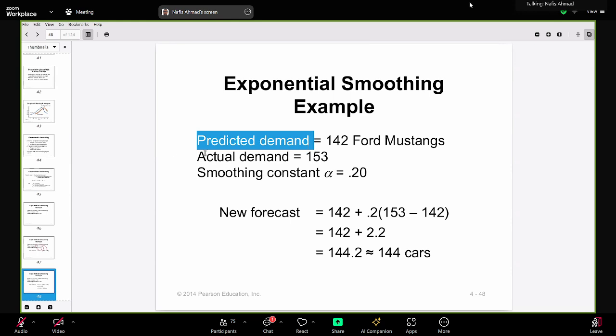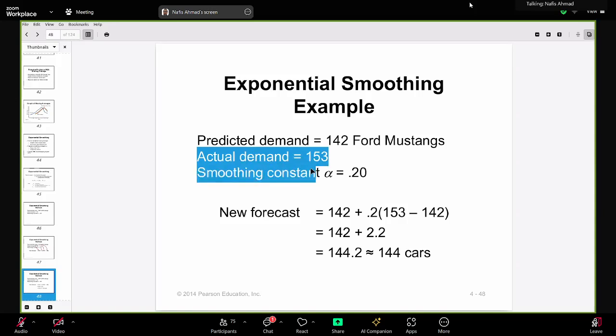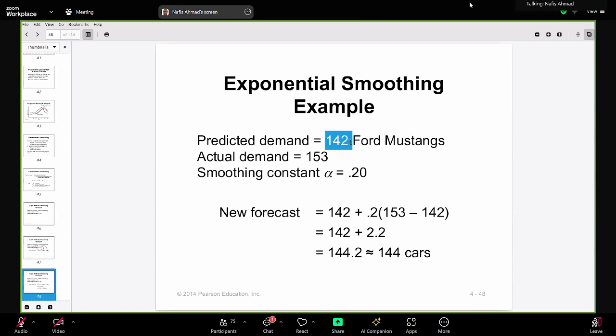At the end of October, we know the actual demand. So actual demand is 153. So we made some mistake in our forecast for the month of October because we forecasted 142 and we found it's actually 153. So there is a gap between these two.